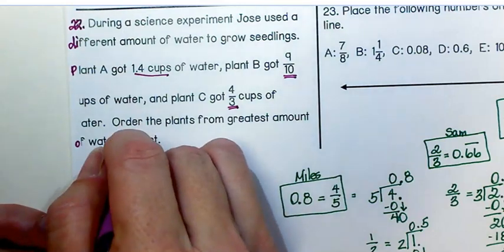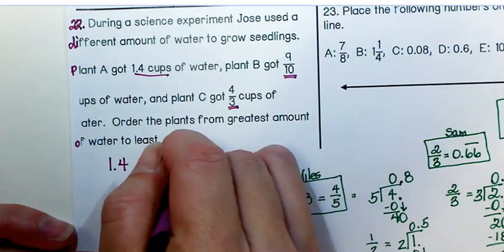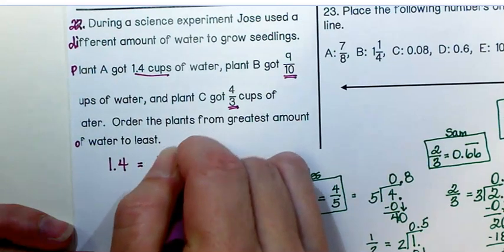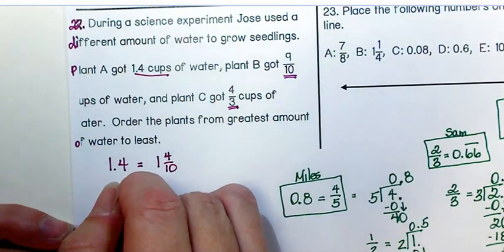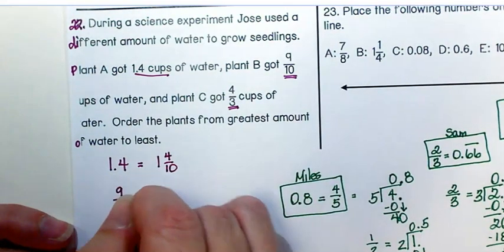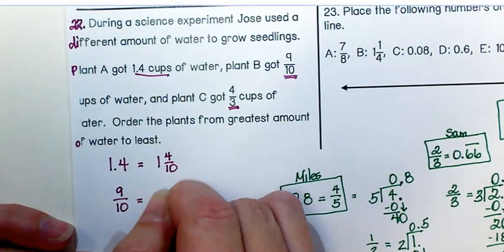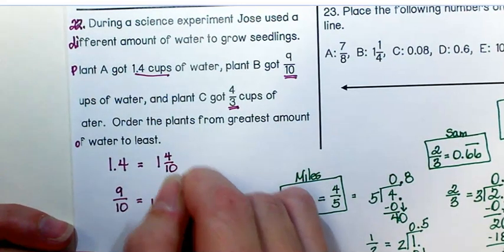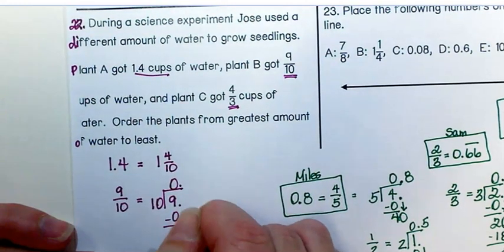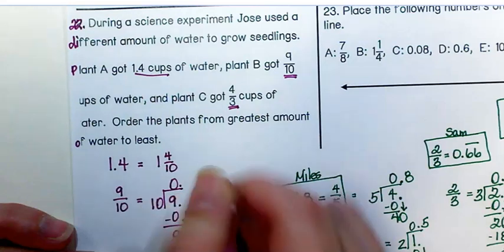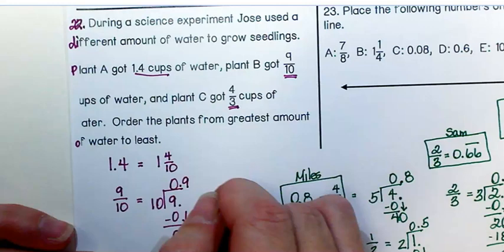Okay, 1.4, that is the same as 1 4/10. 9/10, I could do the long division, but I'm hoping that you understand that 9/10 is just 10 will go into 90 9 times. 9/10 is 0.9.